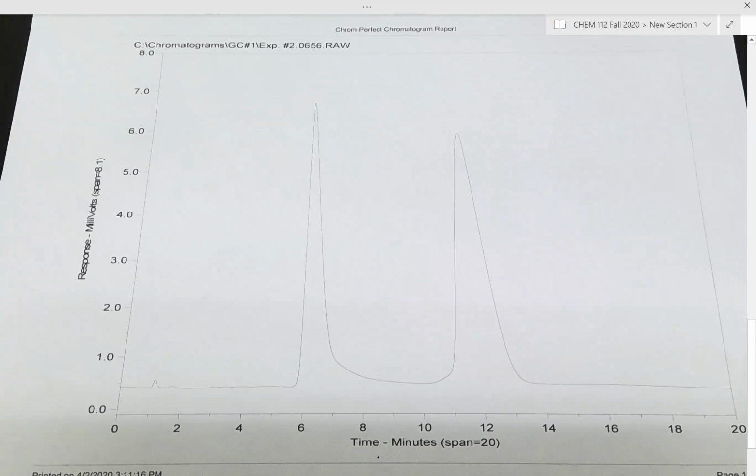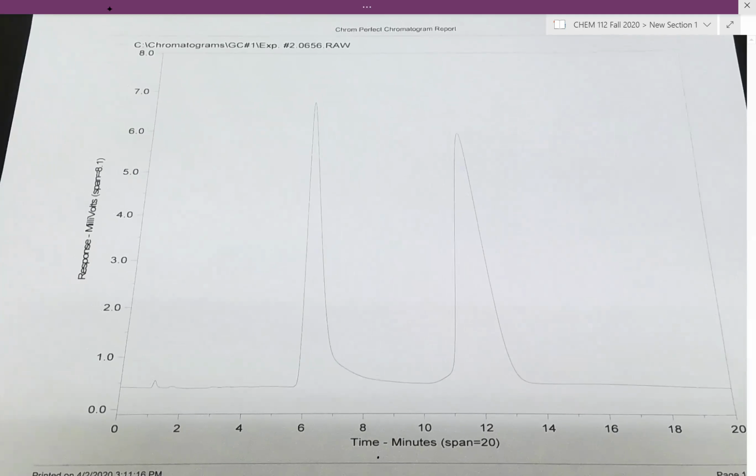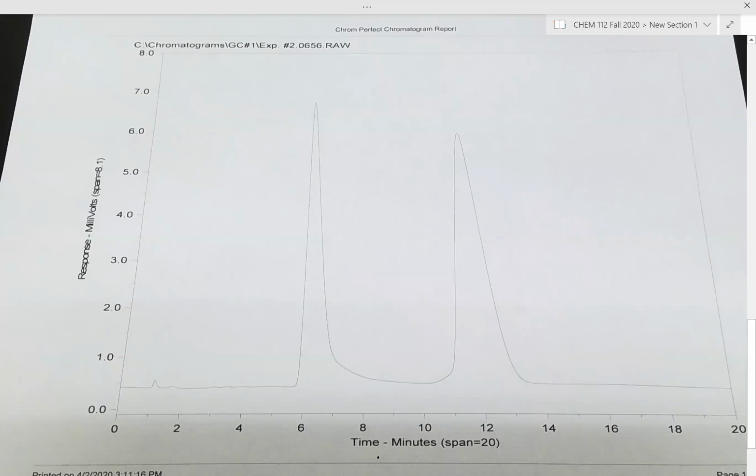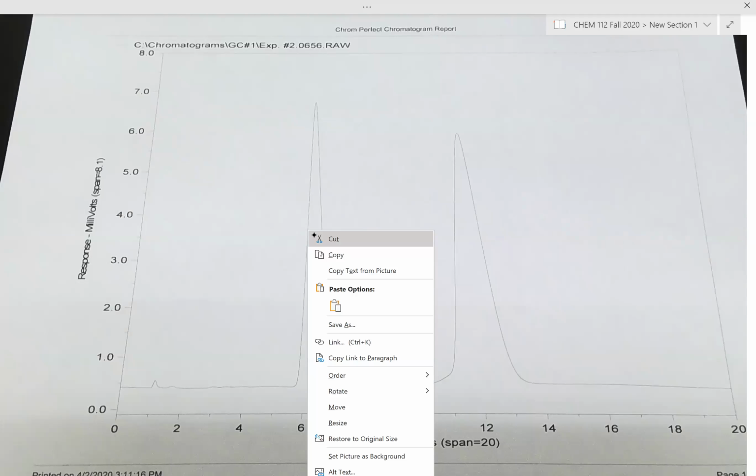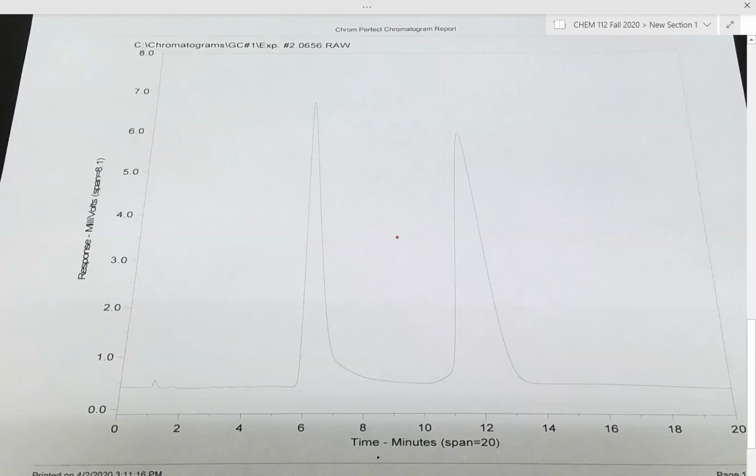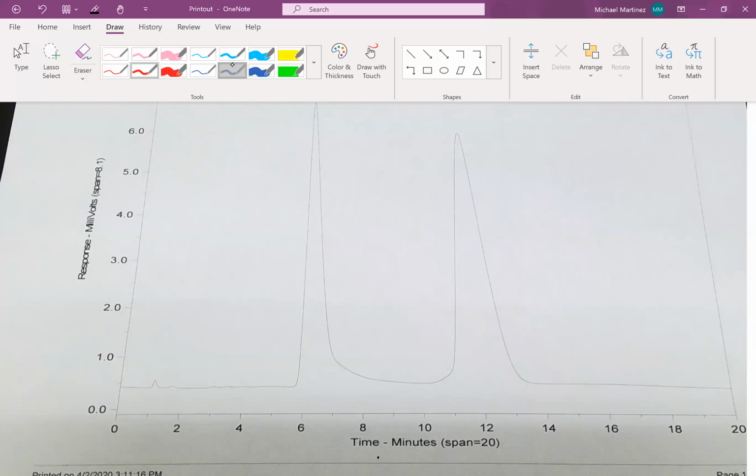First thing that we're going to do is assign our tangent lines. So it's a point in our curve where the slope changes. In this case, the peaks are relatively well defined.